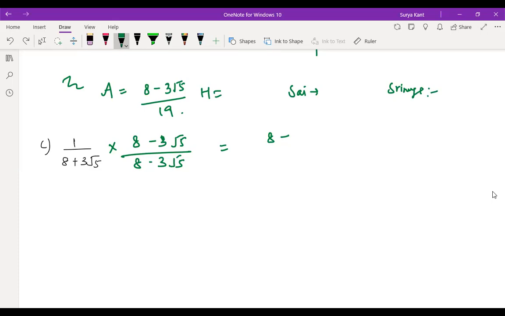Yes, sir. 8 minus 3 root 5 whole divided by 8 square minus 3 root 5 whole square. See how to find the whole square. 3 is also going to multiply. Sir, it's 19. Okay, fine.